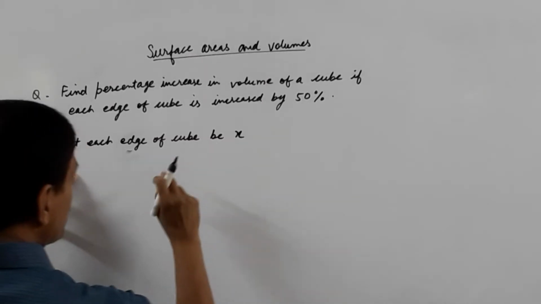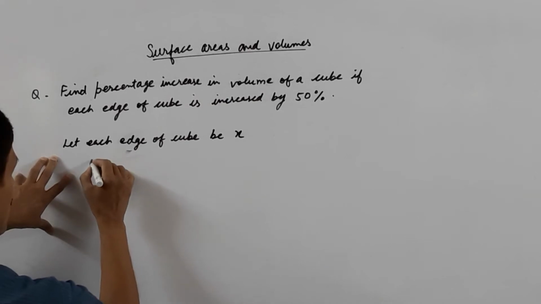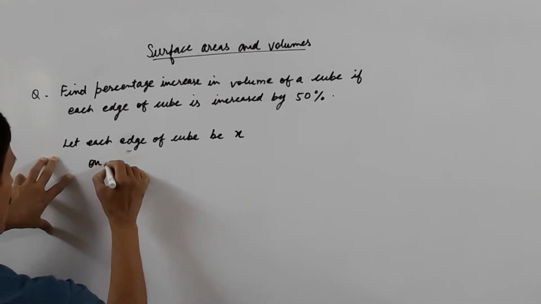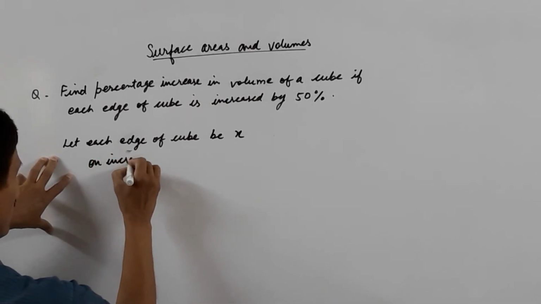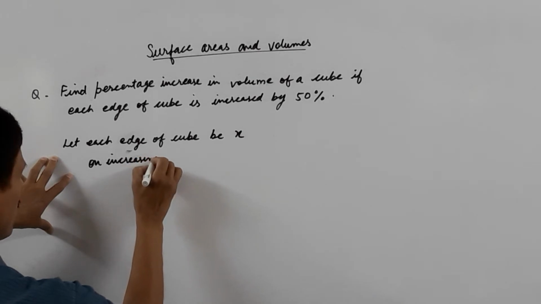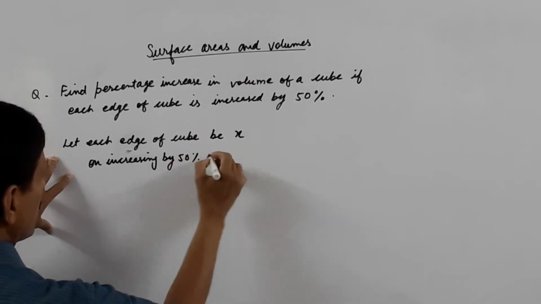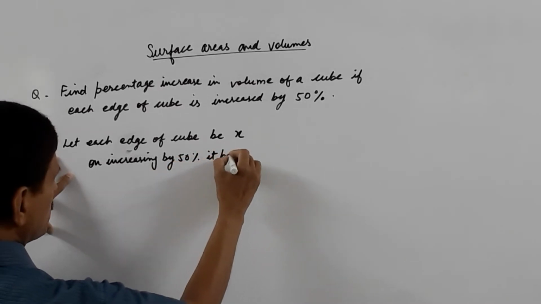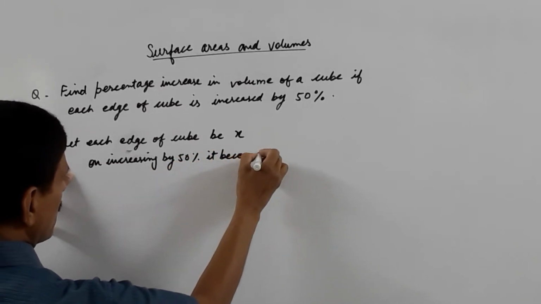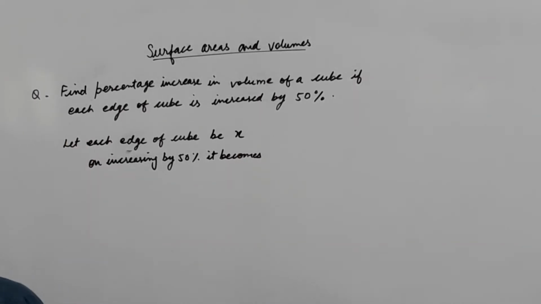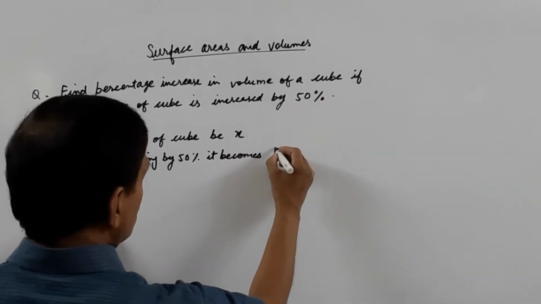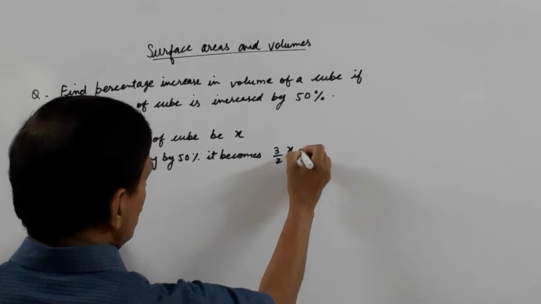When it is increased by 50%, it becomes 150 by 100 of x, that is 3 by 2 x.